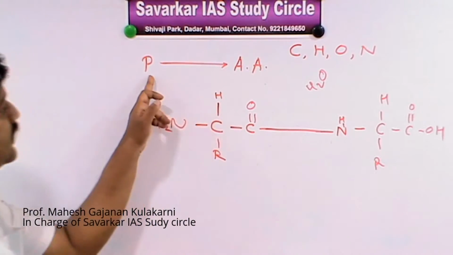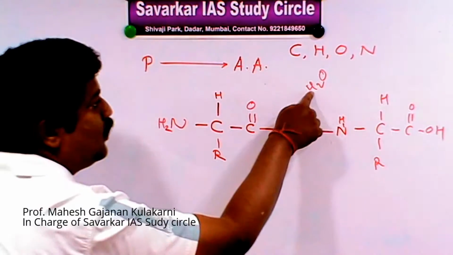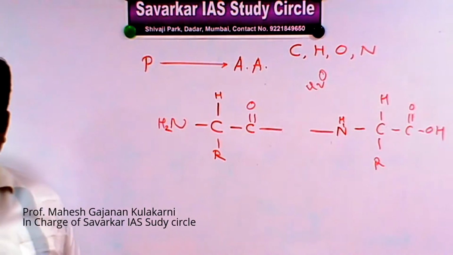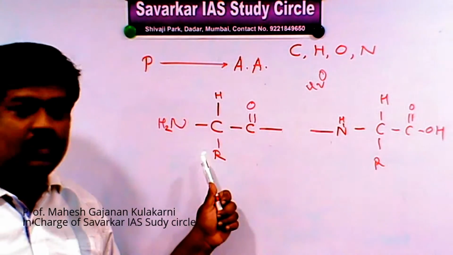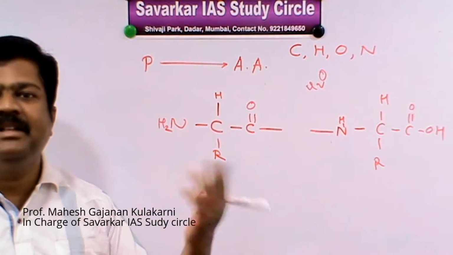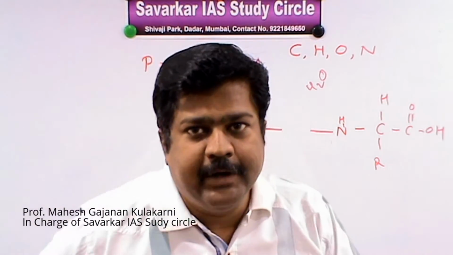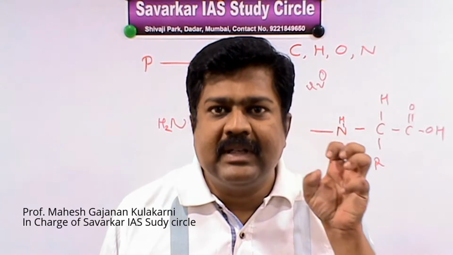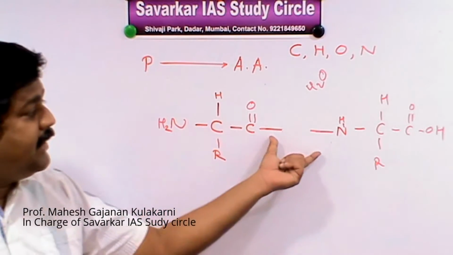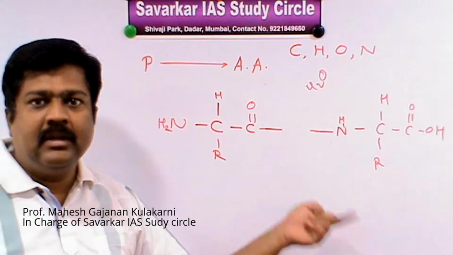So in our process, this protein is converted into amino acids. Converted into amino acids means what? A water molecule is added here, and instead of one protein molecule we get two amino acid molecules, and like that. This way proteins are converted into amino acids. Then these amino acids are absorbed by our body, and in our body, on requirement, amino acids are joined according to the required formula.